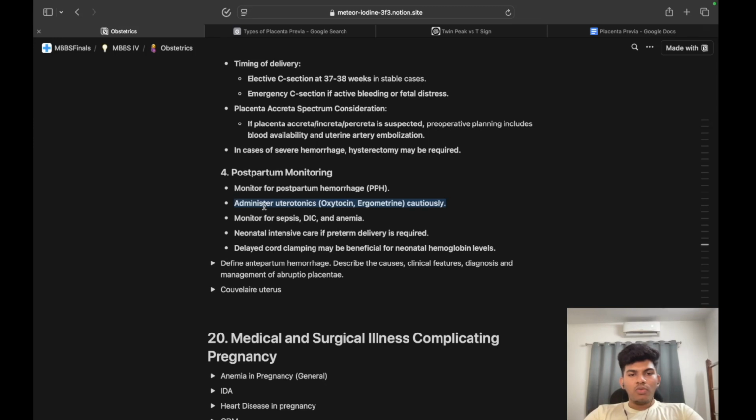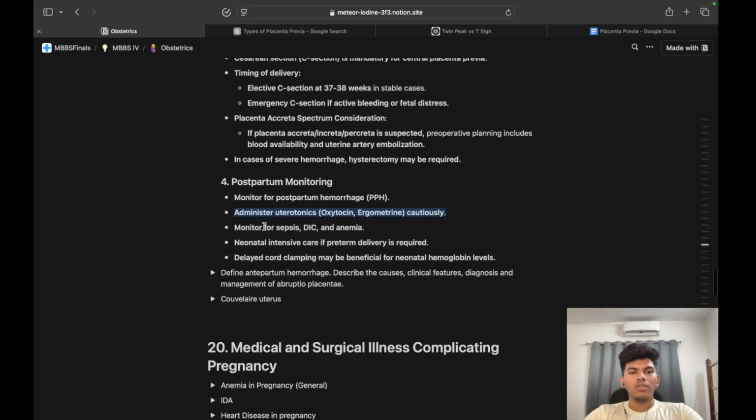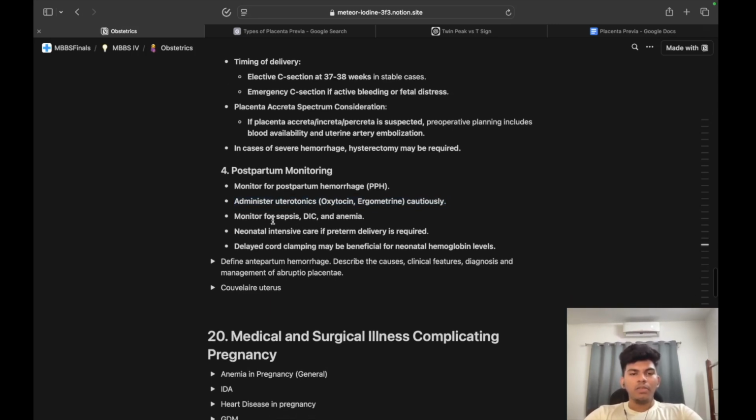Very basic: you don't want contractions to happen, and because of this itself you are doing a C-section. You don't want the normal labor to occur. So that is what is mentioned here. You don't want uterotonics, and if you do use them, do it cautiously to prevent postpartum hemorrhage. Yes, that is what it means.